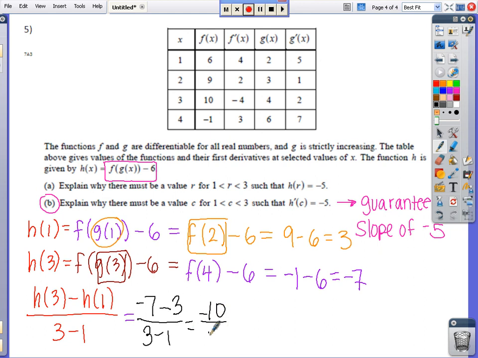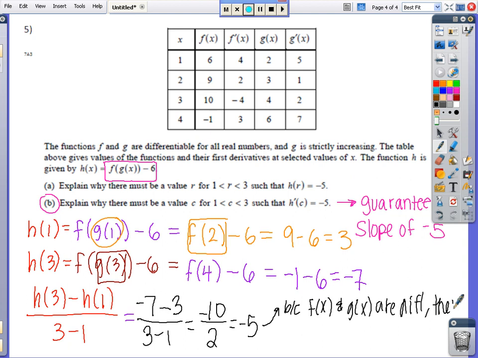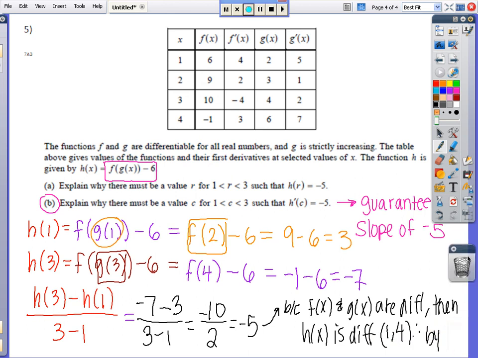So my reasoning would be because f of x and g of x are differentiable, then h of x is differentiable, on the values from, looks like, 1 until 4. Therefore, by MVT, I am guaranteed that this slope of negative 5 will occur between the open interval from 1 till 3.